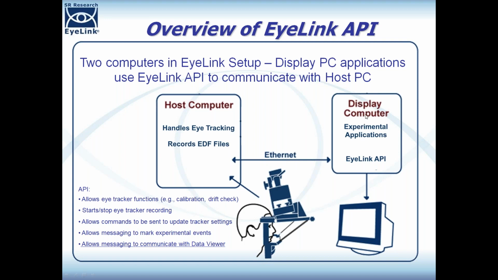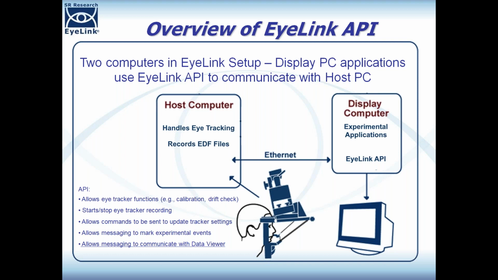So basically the display PC talks to the host PC and gives it commands that allow it to do certain things. Down here, I've highlighted some of the important API functions. This is by no means an exhaustive list, so you can check out the documentation of the API, which you can get from our support site as well if you have more questions.